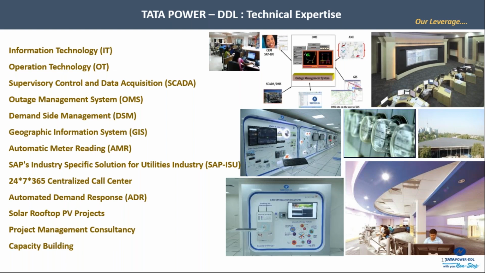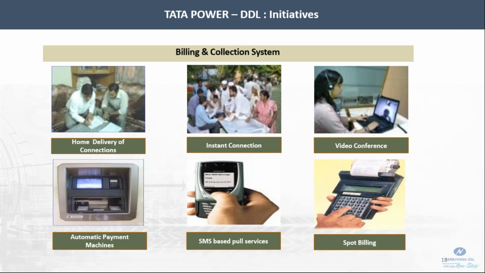Next slide goes, and it tells you all the technologies which we are using in our Tata Power Delhi to improve reliability and reduce losses. So which includes SCADA OMS system, the demand side management system, geographical information system, automatic meter reading system, which now has a life of 1 year only because we are going for a smart metering system now.